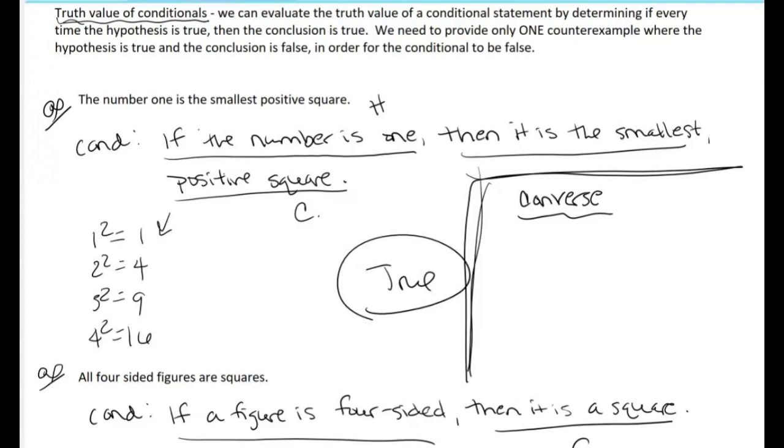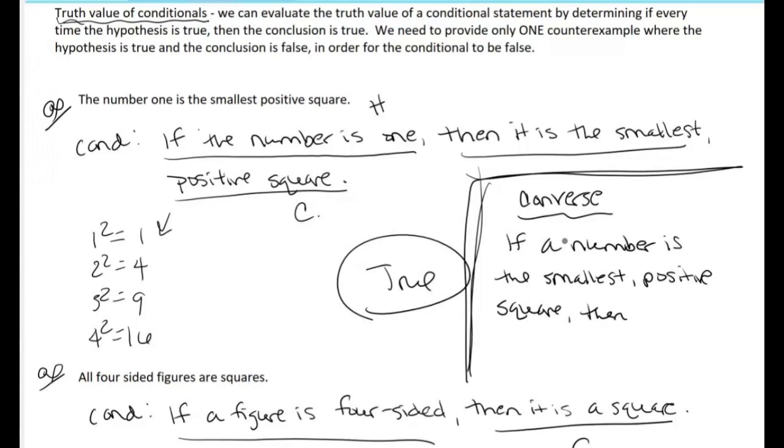Okay, so to write the converse of this conditional, we would take the conclusion and make it the if statement. If a number is the smallest positive square, then the number is 1.